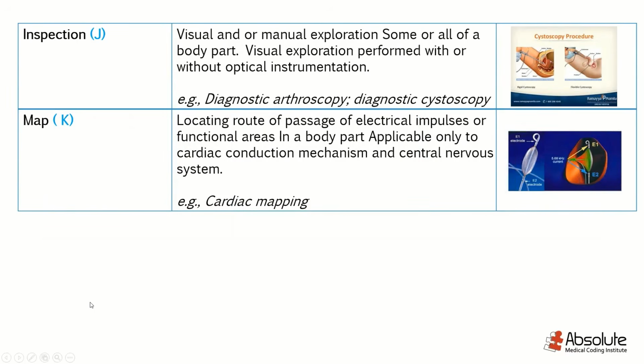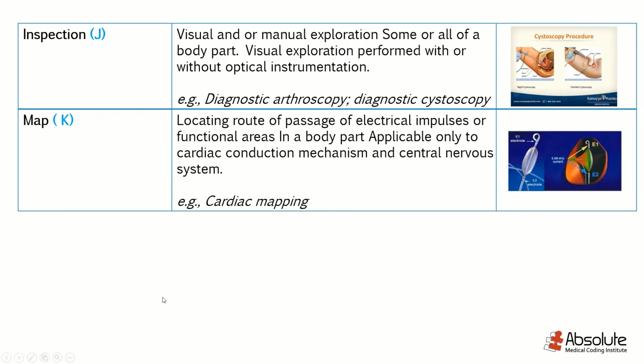The value J is for inspection, and this is visual and or manual exploration of some or all of a body part, visual exploration performed with or without optical instrumentation. Example, diagnostic arthroscopy, diagnostic cystoscopy.